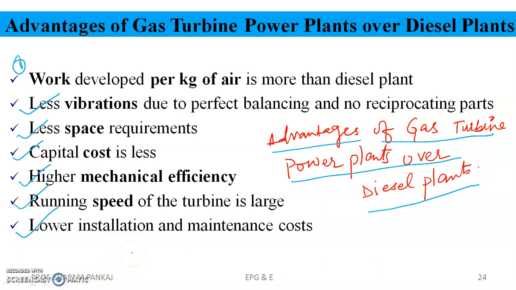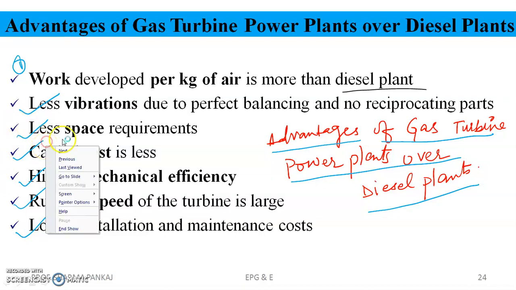In the previous video of this subject, we have studied the advantages of gas turbine power plants over diesel plants. We have studied that the power developed per kg of air is more than in a diesel plant. And less vibration due to perfect balancing and no reciprocating parts.